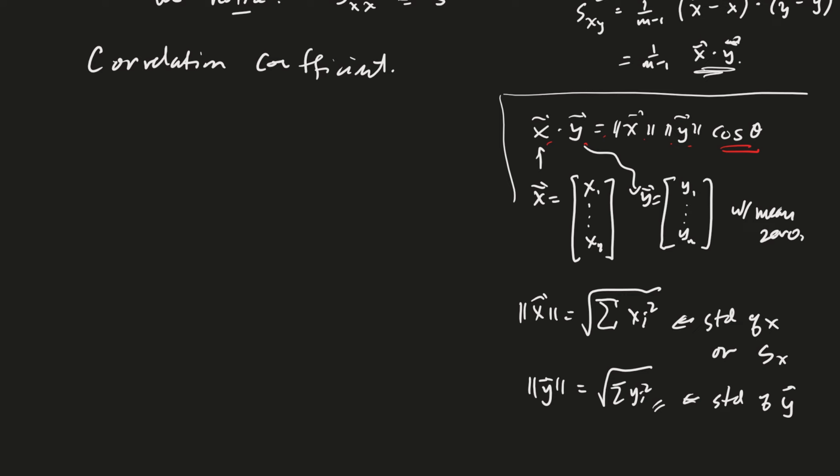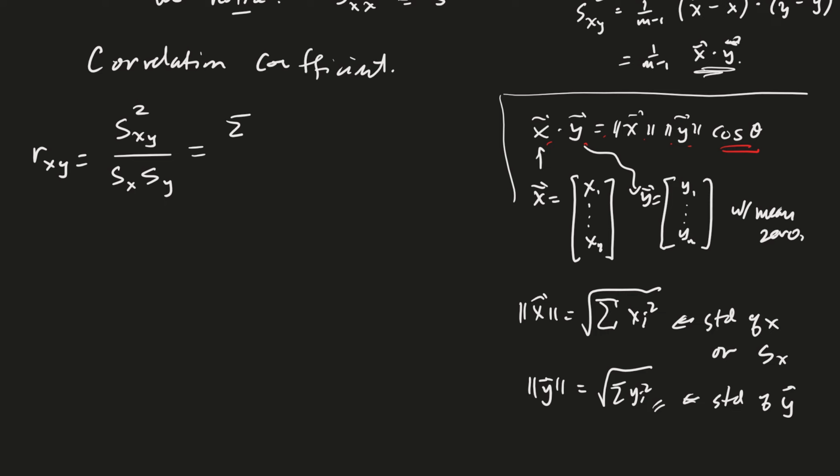And that actually has a name, and that name is the correlation coefficient. So rxy is equal to sxy squared, that's the covariance, divided by the standard deviation of x, standard deviation of y. And so let's go ahead and compute that out.